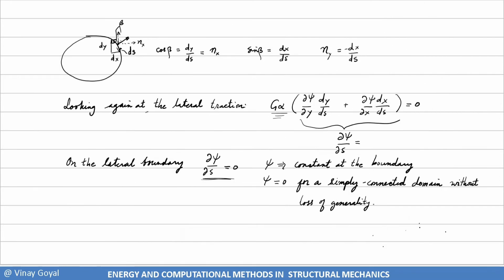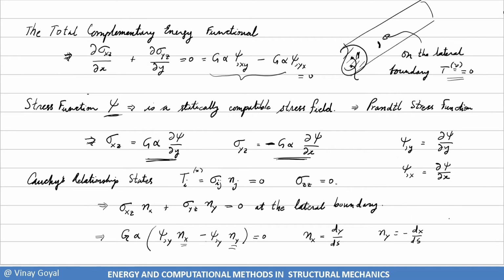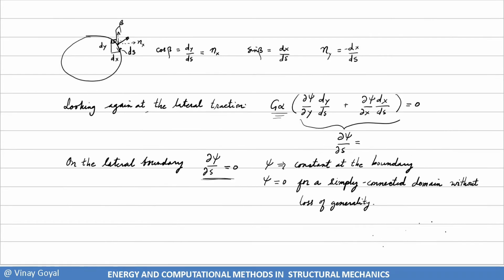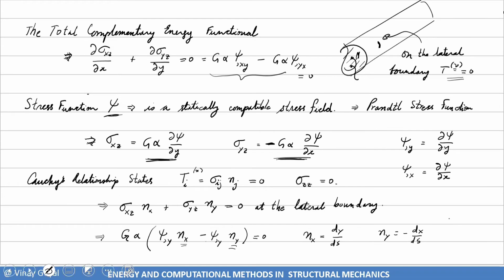While with the complementary energy functional, by satisfying the stress boundary conditions exactly, by plugging that in and making C exactly 0 for the tractions at the surface, what I've really done is come up with something clever.